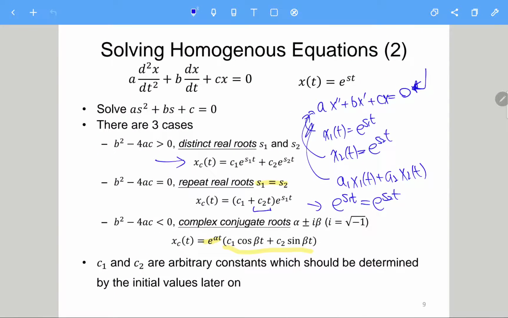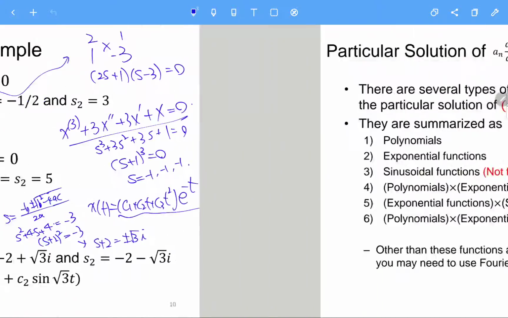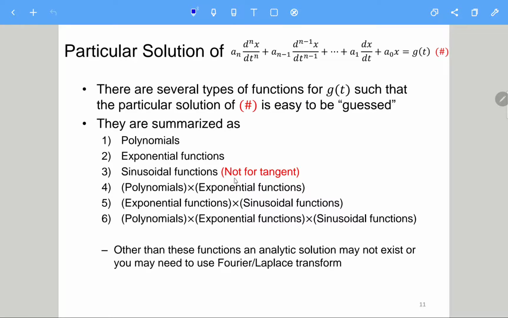When you get used to it, then probably you can remember all of these solutions. As long as you understand all these complementary solutions, you will see why we assume the particular solution that way.